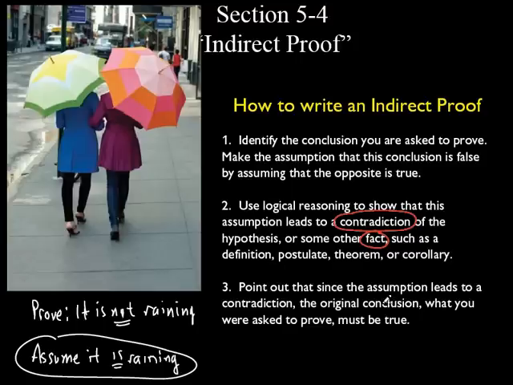What you were asked to prove must be true. So if I contradict the assumption, then the original conclusion, what you were asked to prove, must be true. I hope that makes a little bit of sense.